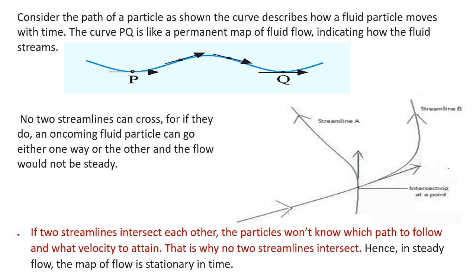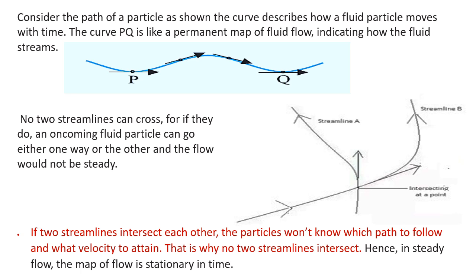Consider the path of a particle as shown. Here the curve describes how a fluid particle moves with time. The curve PQ is like a permanent map of fluid flow indicating how the fluid streams.